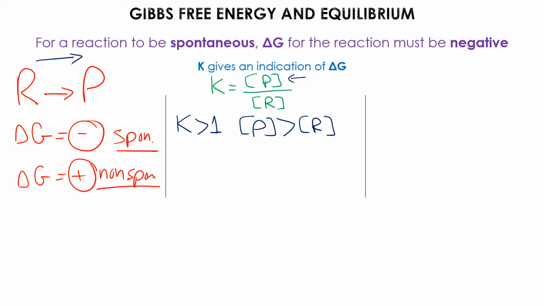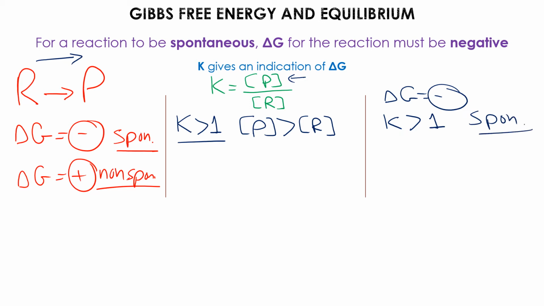For that reason, we can say directly that if K is much higher than 1, delta G is negative, and this is a spontaneous reaction.